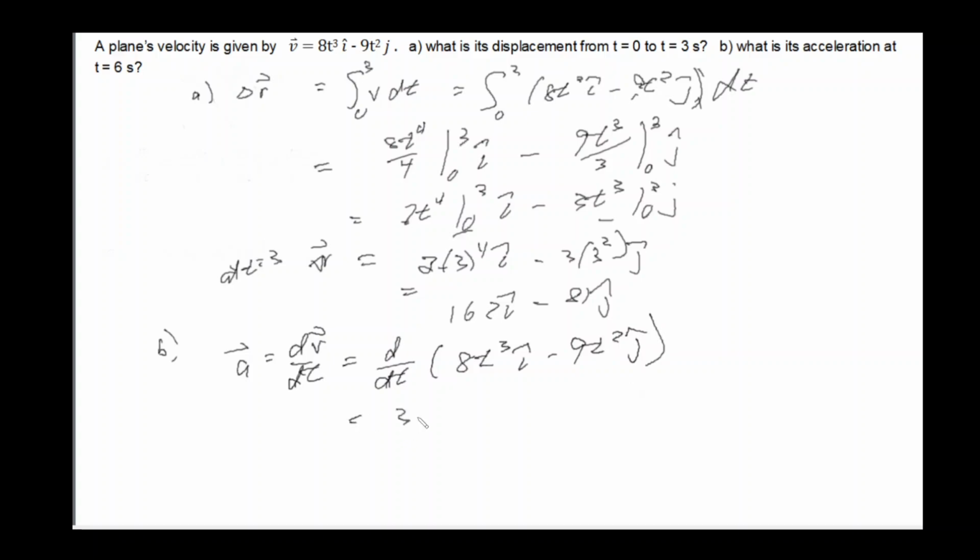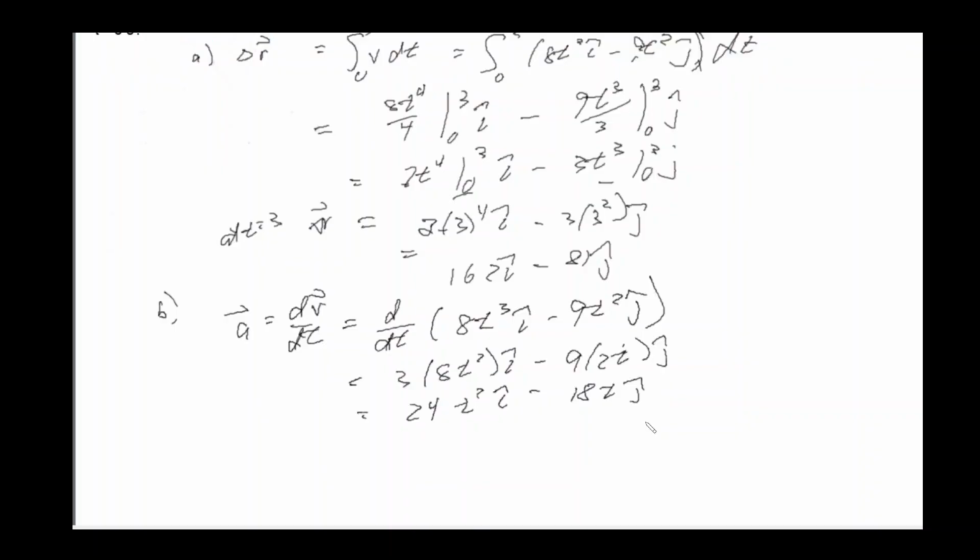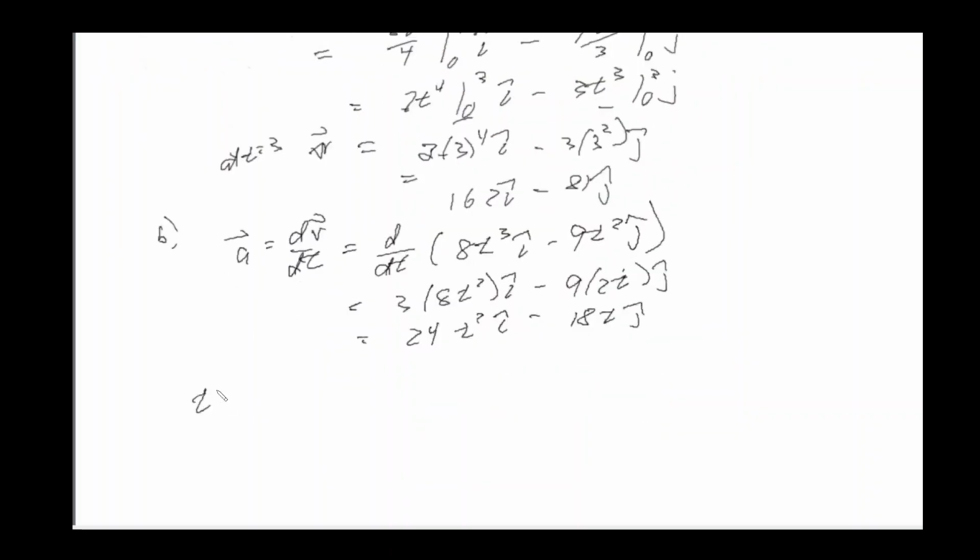That would equal 3 times 8t squared i minus 9 times 2t j, which is equal to 24t squared i minus 18t j. So at t equals 6 seconds, we get acceleration is equal to 24 times 6 squared i minus 18 times 6 j, which becomes 804i minus 108j.